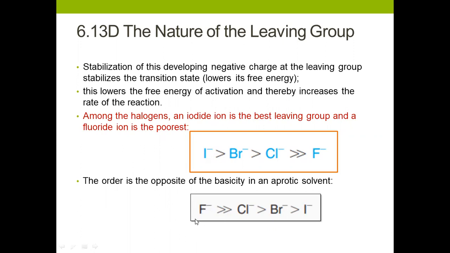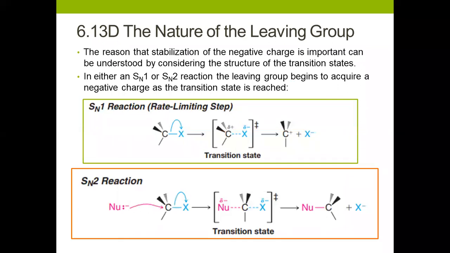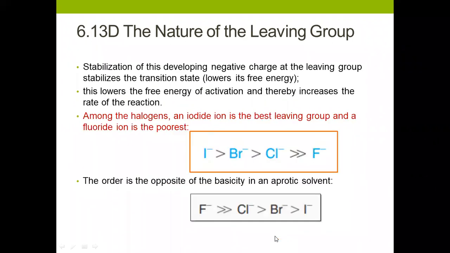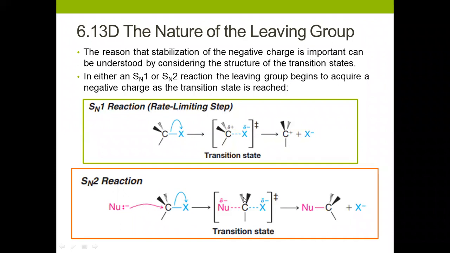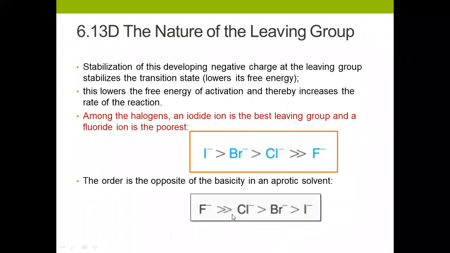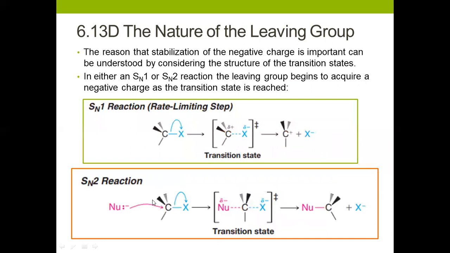In this case, the fluoride ion here, you can look at this transition state, can easily leave in the SN2 kind of reaction when we're dealing with a protic solvent. For the leaving group to easily leave this transition state, it has to be smaller as compared to this one. The larger your ion is, it's hard for the nucleophile to attack when it is large.